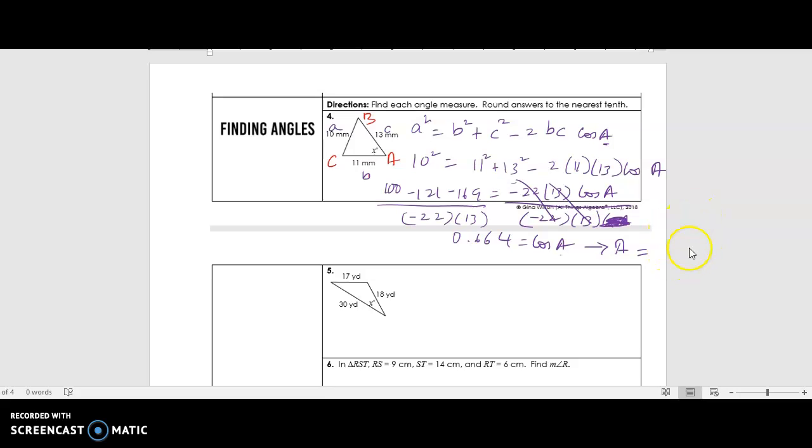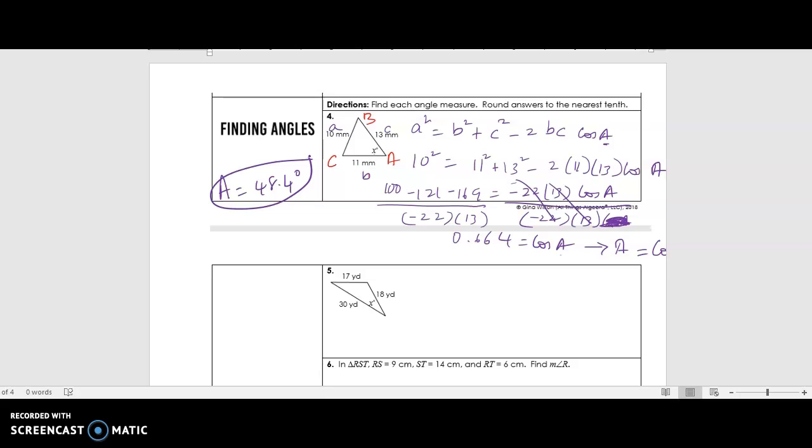I don't know how. Maybe the way I'm holding the pen. So cosine of 0.664. So A is going to be, doesn't like me to write there, so let's write it here. A equals 48.4 degrees.